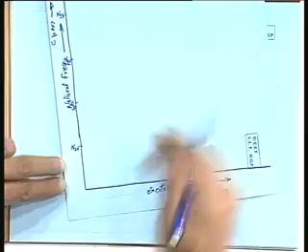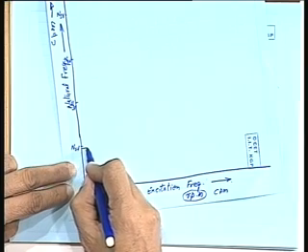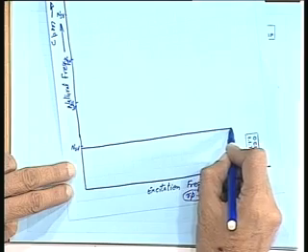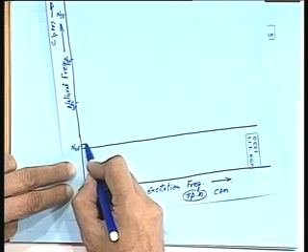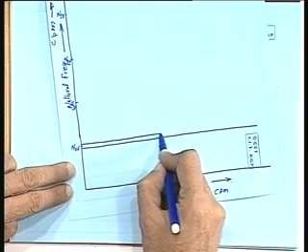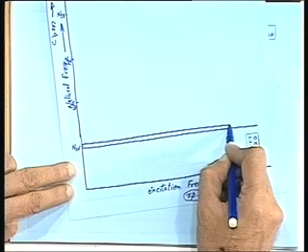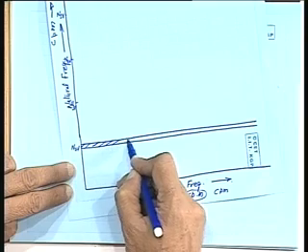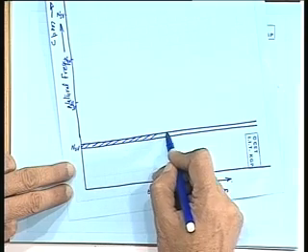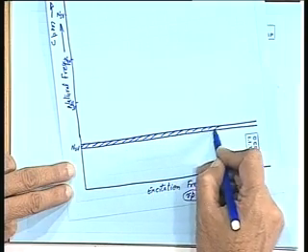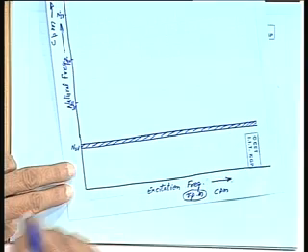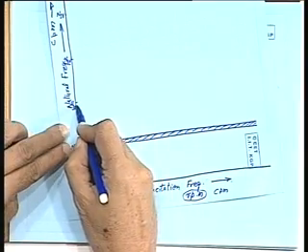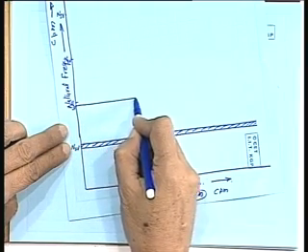Now, I have taken say 5%, so I draw a line with 5% of this value and complete this band, and I hatch it, that this is not an acceptable zone. Then here the bandwidth will increase because the value is larger.